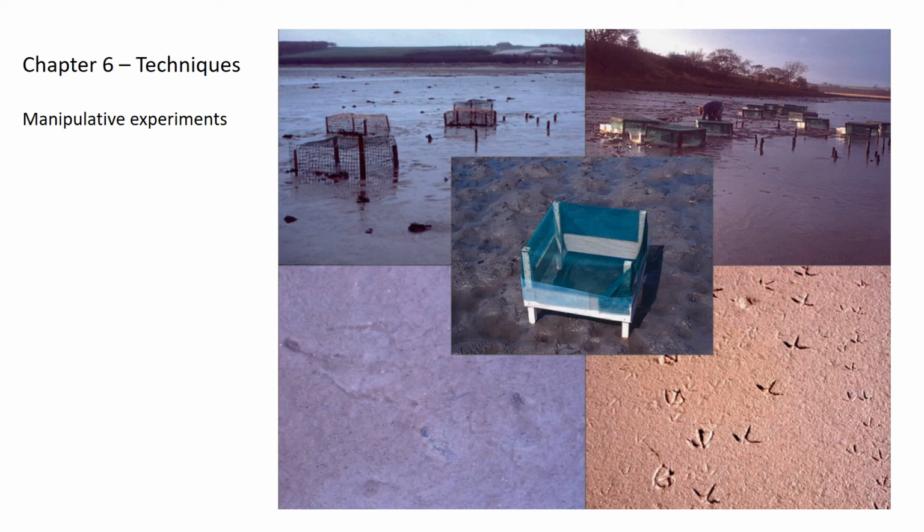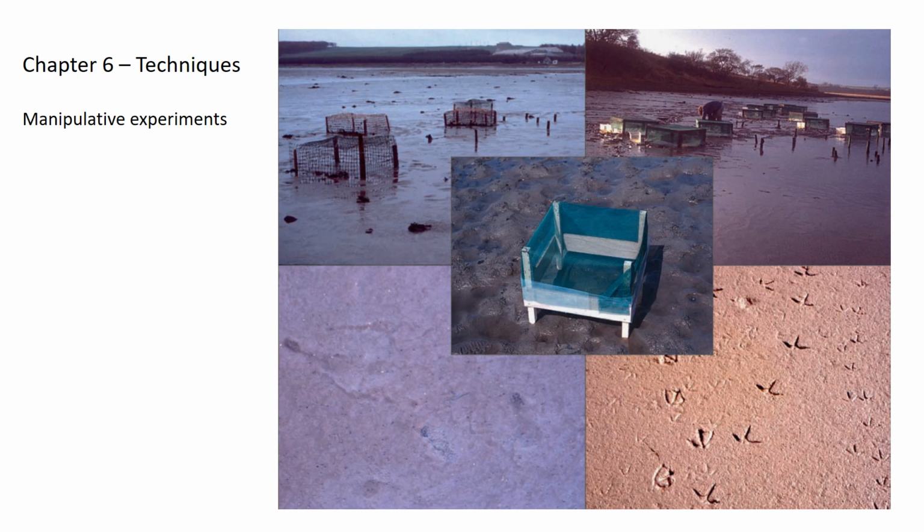So as it's pushed into the mud, the solid sides also sink into the mud, and they prevent animals from burrowing down into the mud and escaping from your cage treatment. So only the netting remains protruding above the mud, allowing passage of water, oxygenated water, into that caged area.